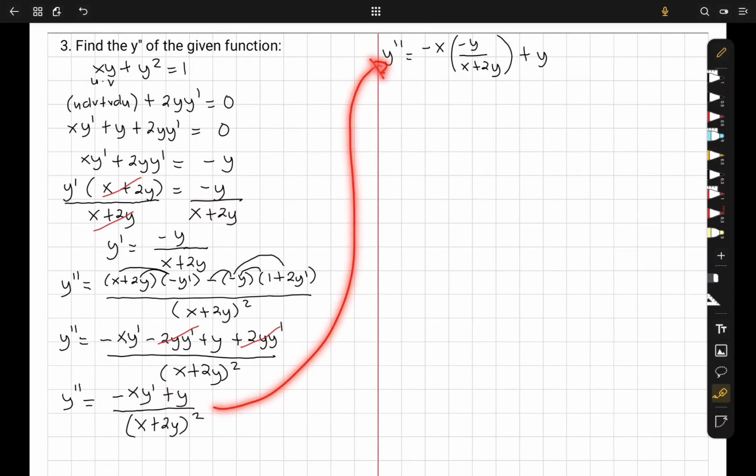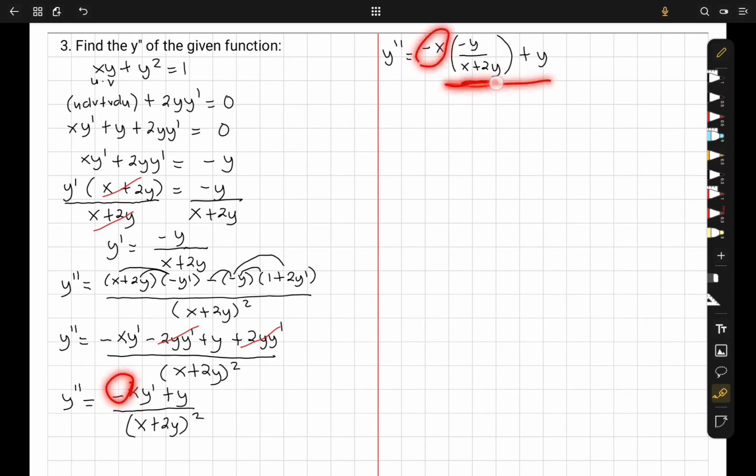So, y double prime is equal sa negative x, ito yung y prime natin, plus, syempre, yung ating y all over sa ating x plus 2y raised to 2.